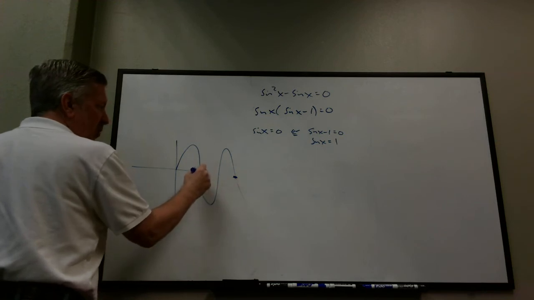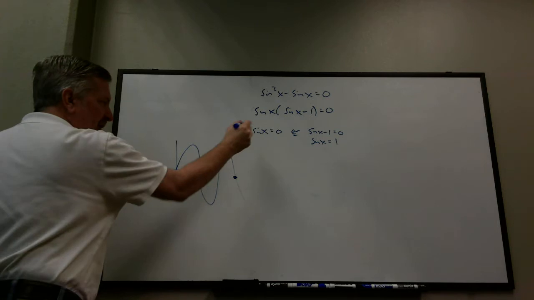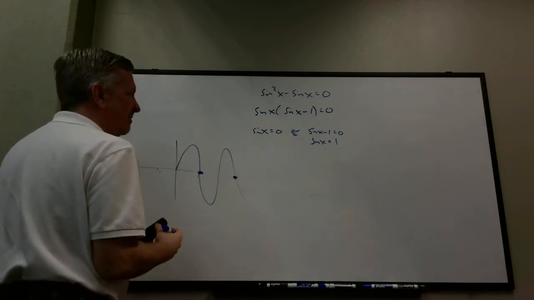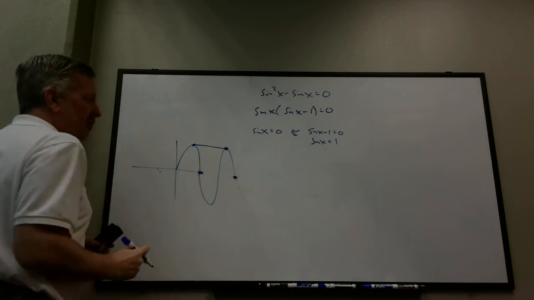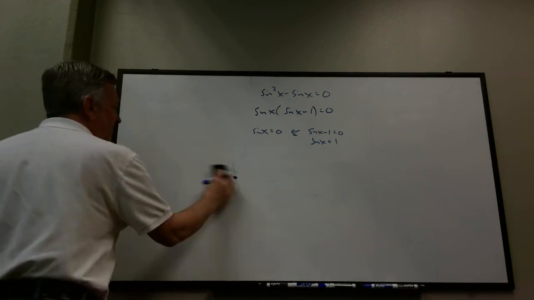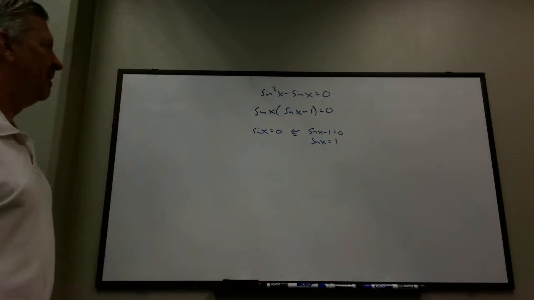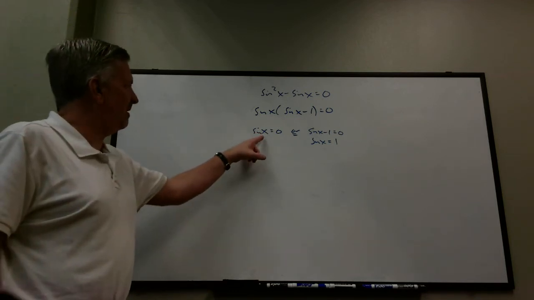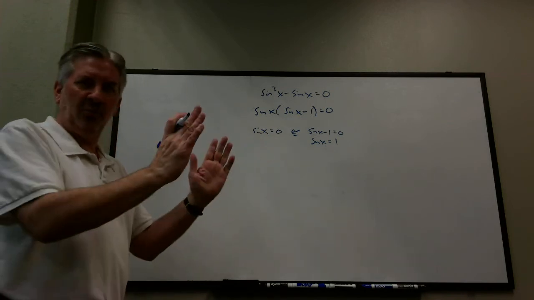So as soon as you find one solution, if you add or subtract 2 pi's from that x value, you're going to have another solution. Same thing for the sine x is 1, right? If sine x is 1, if you add 2 pi to that, you're going to have another solution. So we're going to use the fact here that the period of sine is 2 pi. Right? So let's just find solutions to each of these from 0 to 2 pi, just in one period.